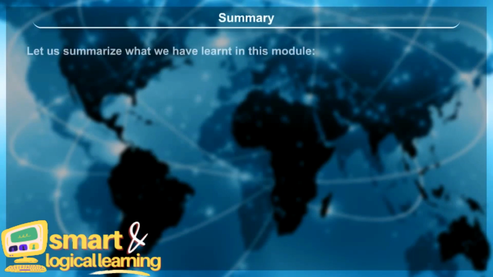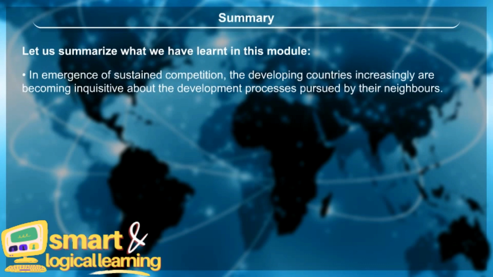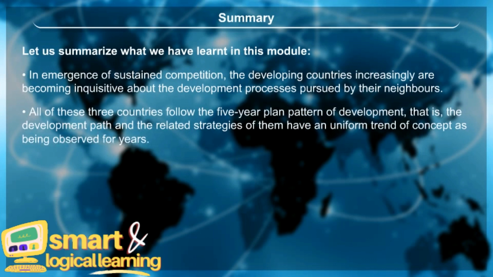Summary. Let us summarize what we have learnt. In emergence of sustained competition, the developing countries increasingly are becoming inquisitive about the development process pursued by their neighbors. All of these three countries follow the 5-year plan pattern of development. It is the development path and the related strategies of them have an uniform trend of concept as being observed for years.